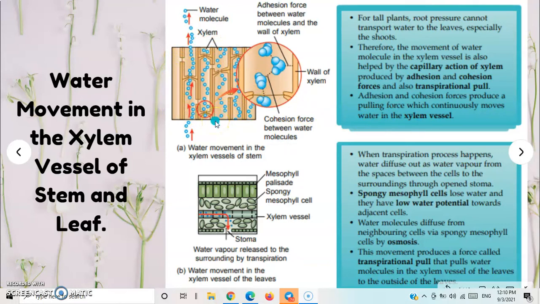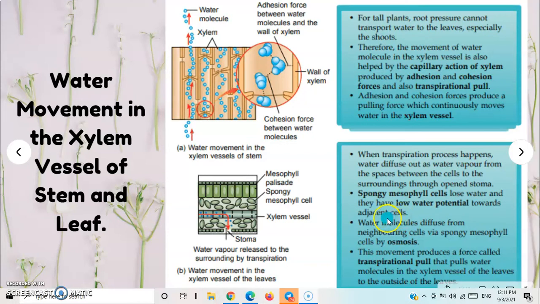Then we go to B, water movement in the xylem vessels of the leaf. When the transpiration process occurs, water diffuses out as water vapor from the spaces between the cells to the surrounding through open stoma. That is referred to the transpiration process. Then spongy mesophyll cells lose water and have low water potential compared to adjacent cells.